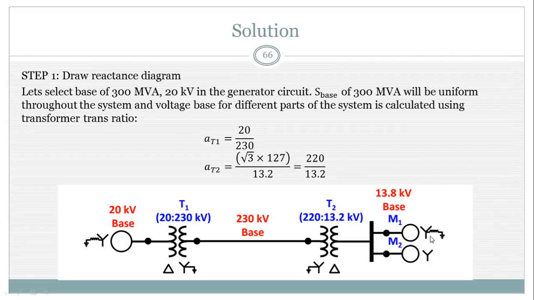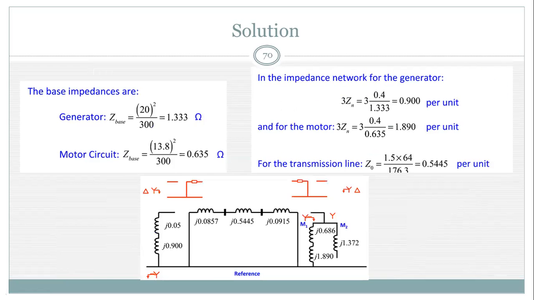But for motor M1 there will be a connection from neutral to ground through an impedance. That's why there is 3Zn in series with the zero sequence impedance. So this is the diagram.